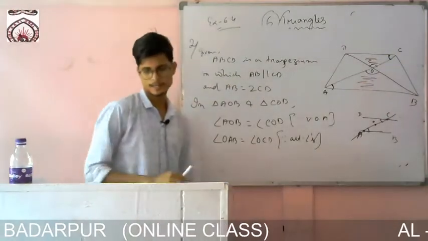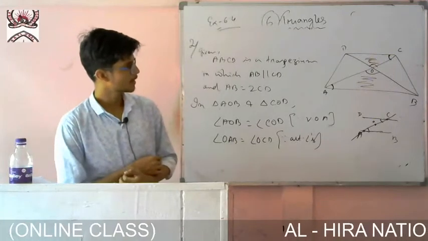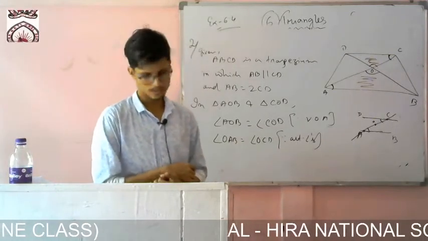Since alternate angles, you write it in full: angle OAB is equal to angle OCD.